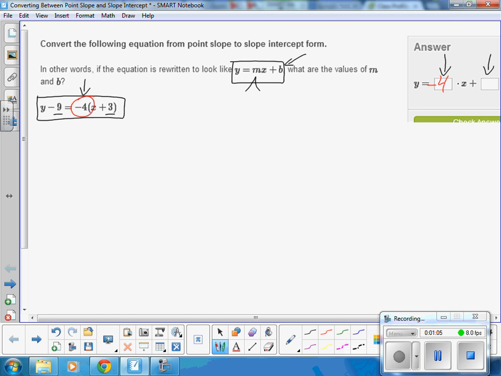That's your slope. The intercept, to figure out the intercept, what we need to do is know that for the intercept, that is equal to x is always 0.